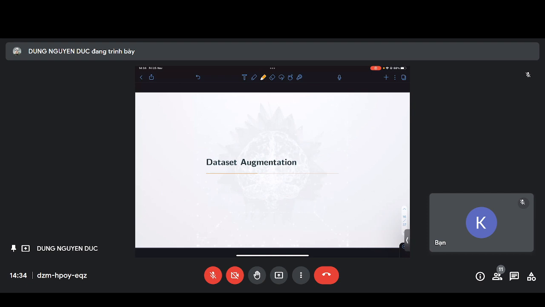And the purpose of this denoising autoencoder is to minimize and calculate the loss function here. Okay, so as you can see here, I can have my clear image here. Okay, and from this clear image, I can add some noise.